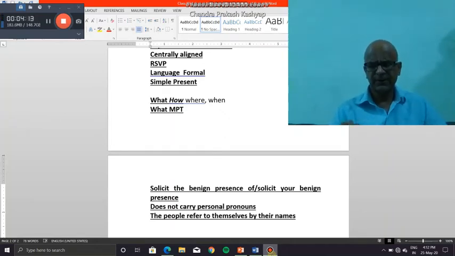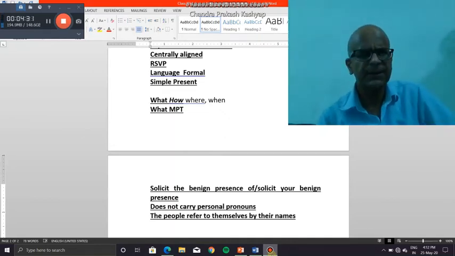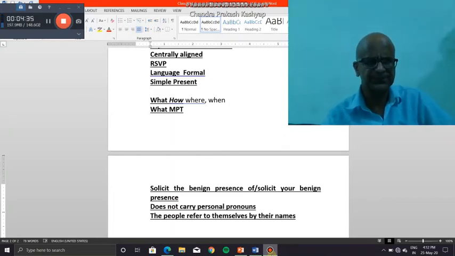All these pieces of information will be aligned centrally, and each important piece of information comes in a separate line. Thereafter, my address or the address of the person who has extended the invitation, and the letters RSVP.